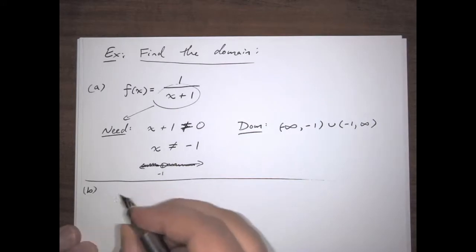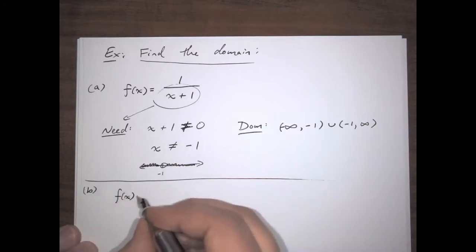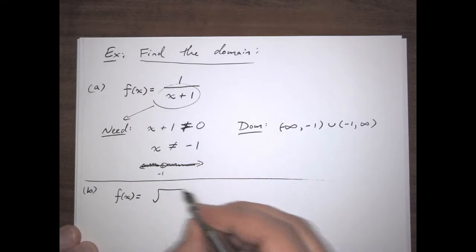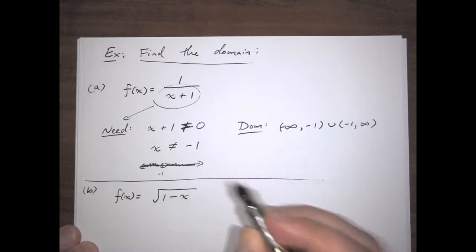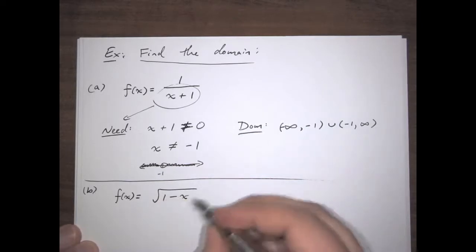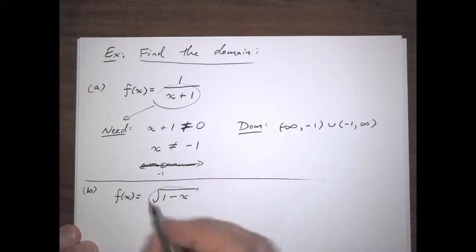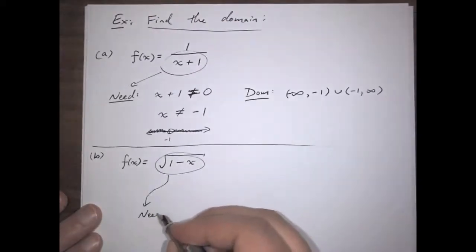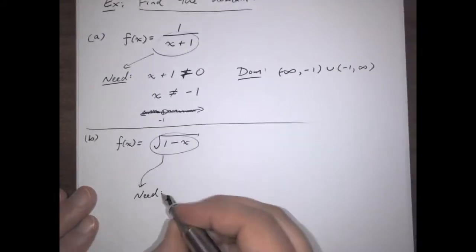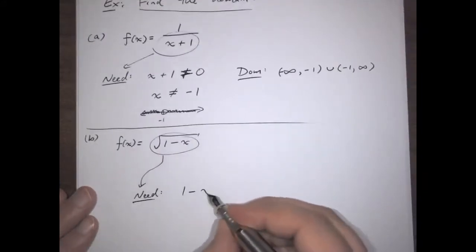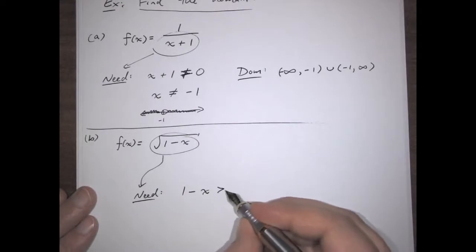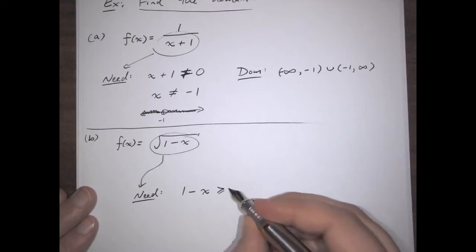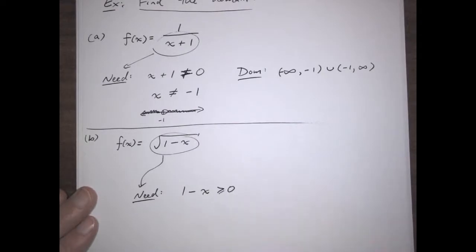Now, what if what we're talking about is f of x is equal to the square root of 1 minus x? Well, once again, we look for what can go wrong. So here, what do we need? What we need is that 1 minus x is greater than or equal to 0.